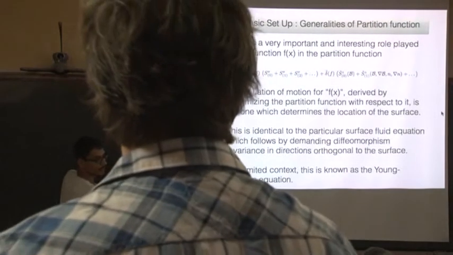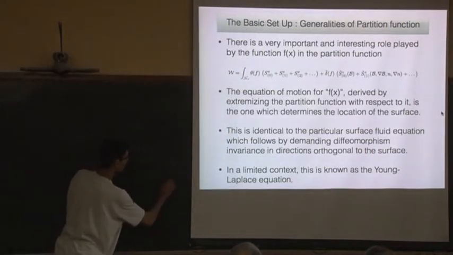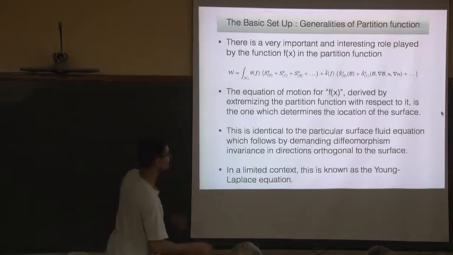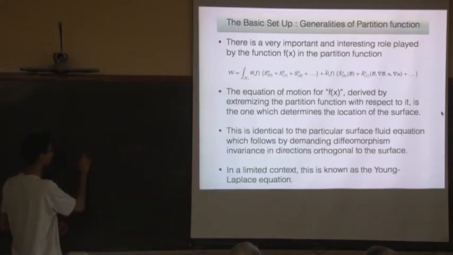So this is a surface equation. This equation I'm saying here, by putting it equal to 0, gives me the same equation if I start from that partition function and differentiate it with respect to, let's say, the metric, meaning I have all these components of the stress tensor.